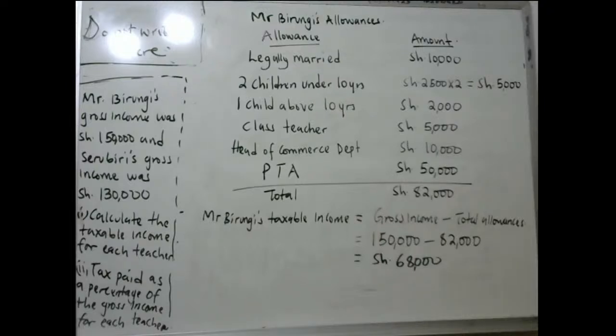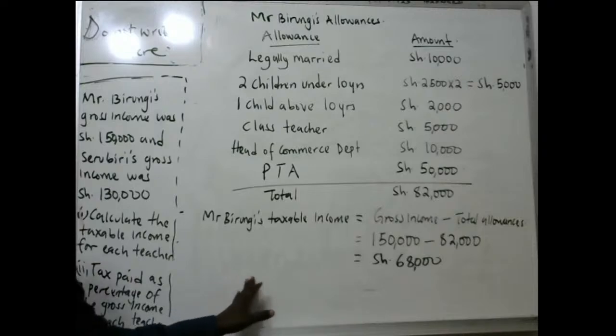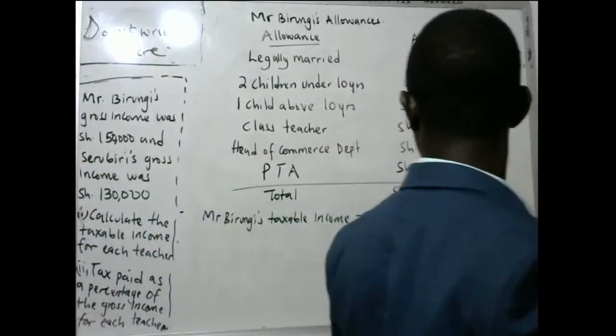Yeah? So, the taxable income for Mr. Birungi is 68,000. How have we come up to 68,000? We've calculated. They asked us for taxable income of each teacher. So, we've got the taxable income of Mr. Birungi. Are you getting me?